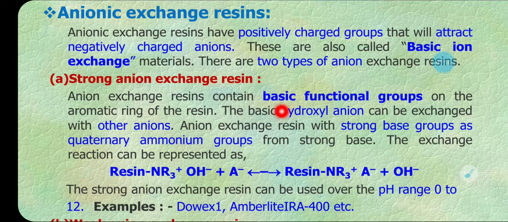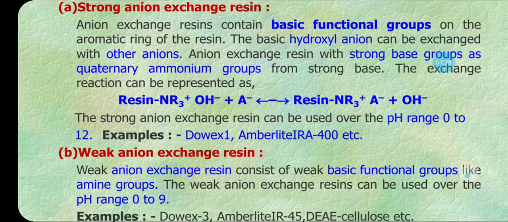Anion exchange resin contains a basic functional group on the aromatic ring of the resin. The basic hydroxyl anion can be exchanged with other anions. Anion exchange resin with a strong base group, as quaternary ammonium groups, forms a strong base exchanger, and the reaction can be represented as follows.